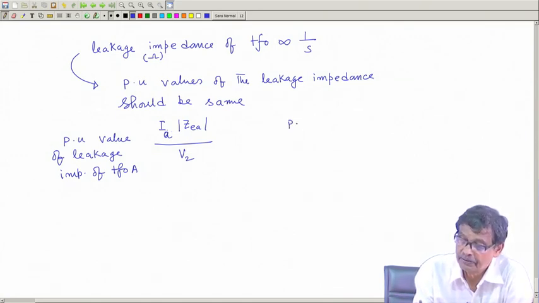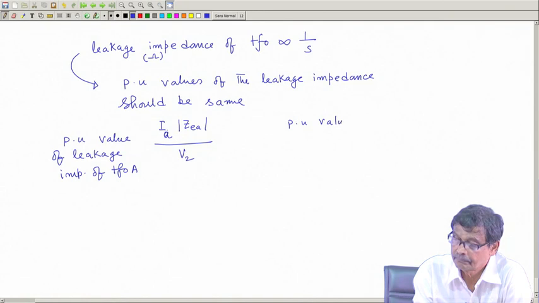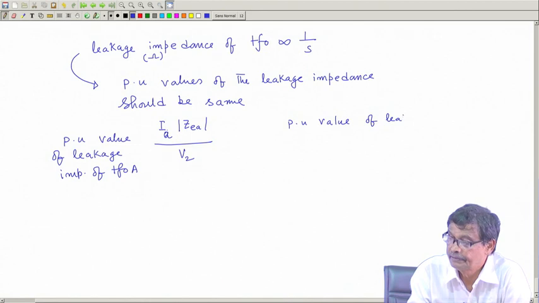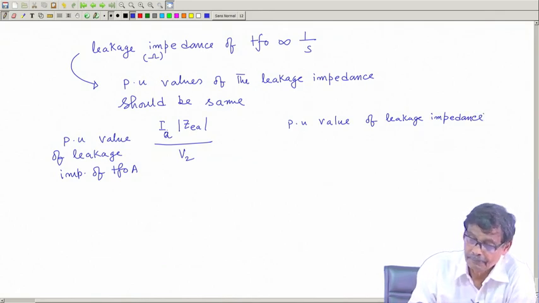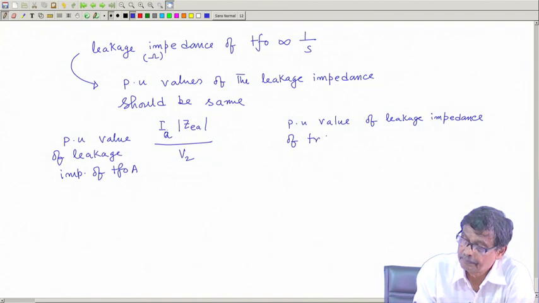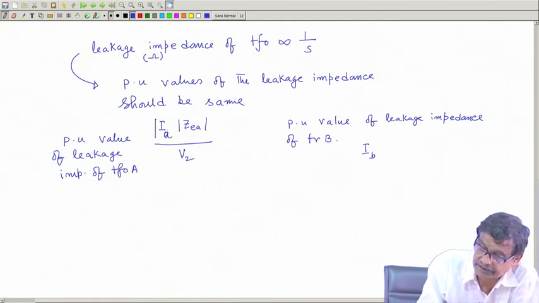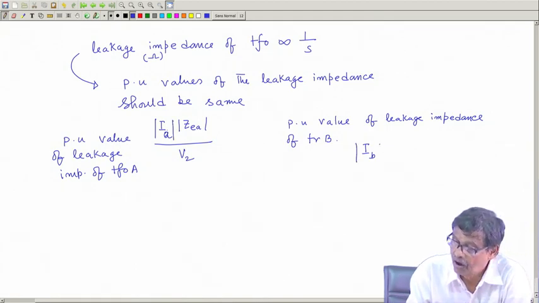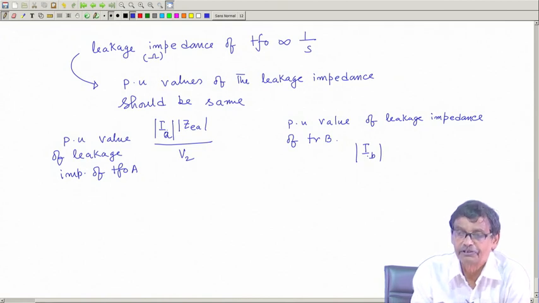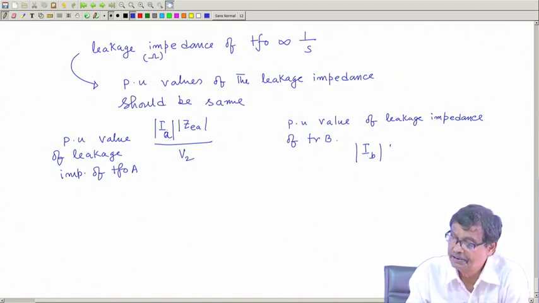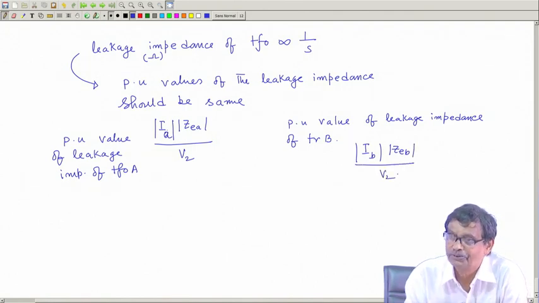Similarly, the per unit value of leakage impedance of transformer B will be its rated current, magnitude of the rated current, times how much is dropped in that, with respect to the rated voltage: I_B jX_B by the same voltage V2.